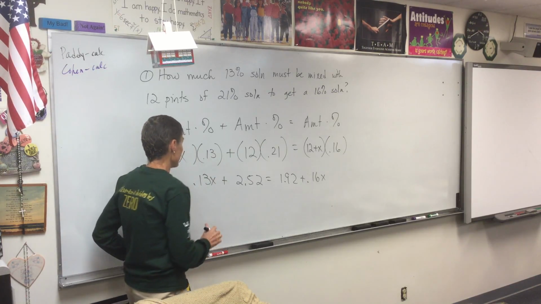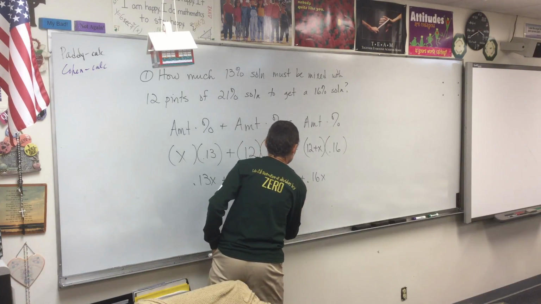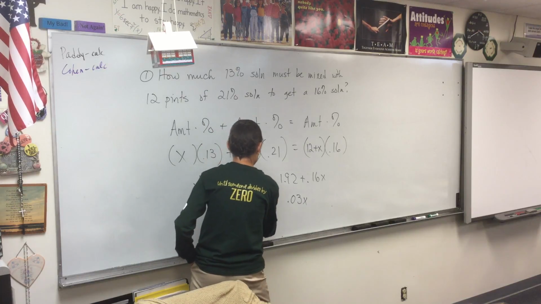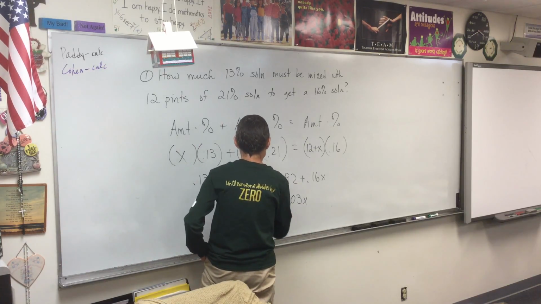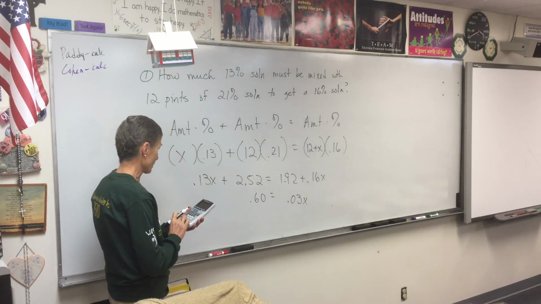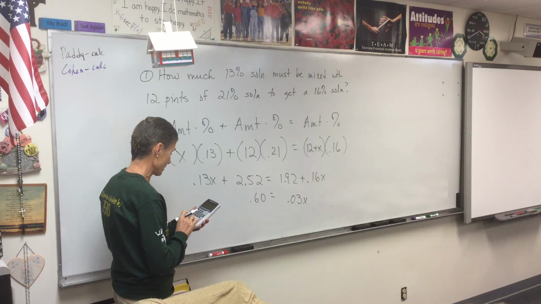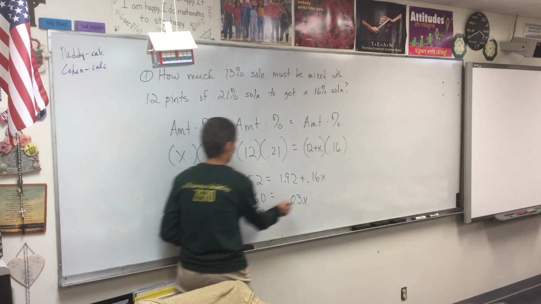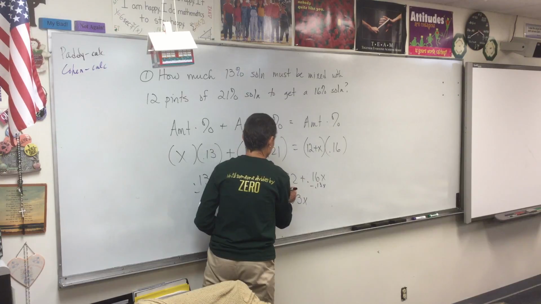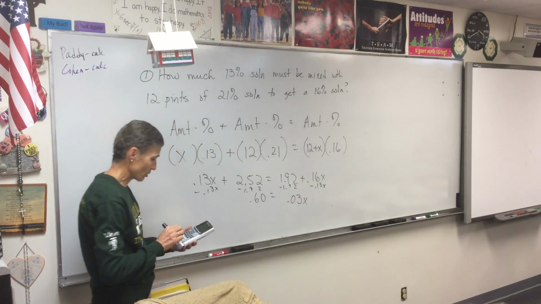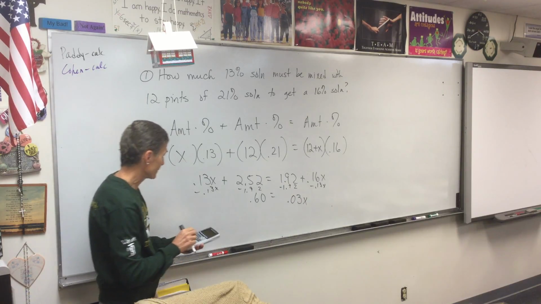Alright, now we'll start moving things around. I'm going to double check my subtraction there. I subtracted 13 from both sides and subtracted 192, so I got all the X's on one side and everything else on the other side.